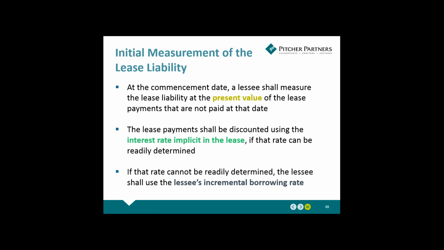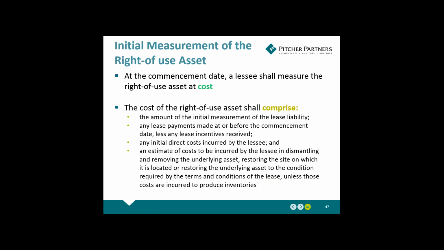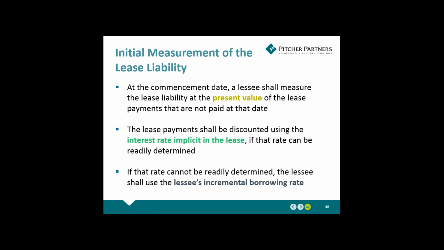So the initial measurement of the lease liability, which is important because it feeds into the first line here. The initial measurement of the lease liability at the commencement date, a lessee shall measure the lease liability at the present value of the lease payments that are not paid at that date.